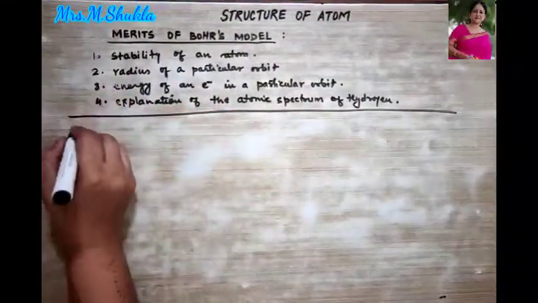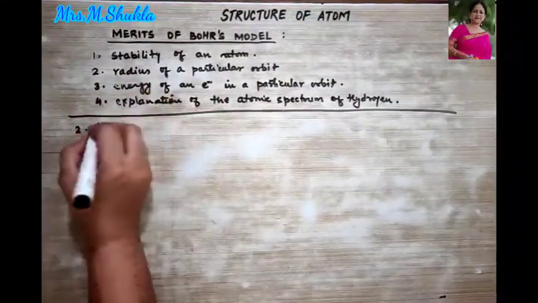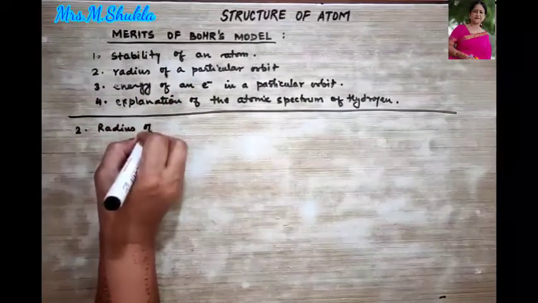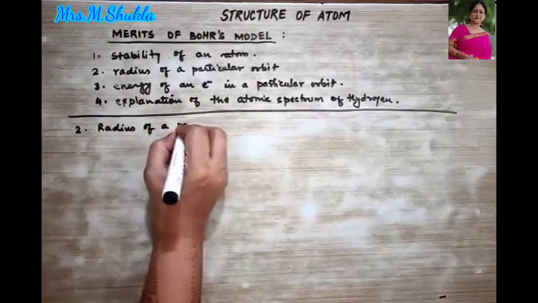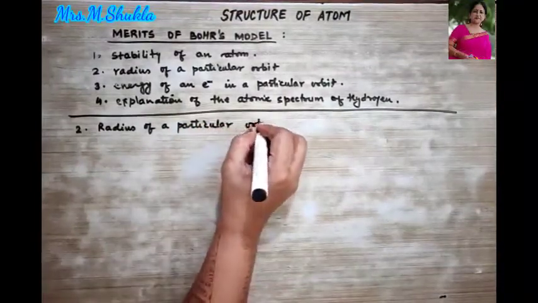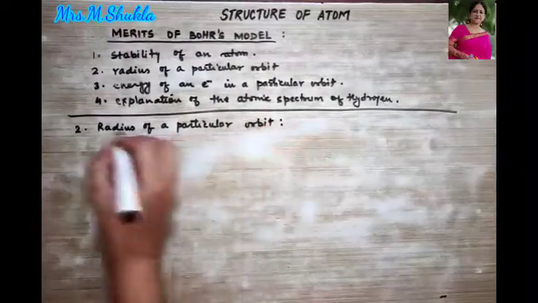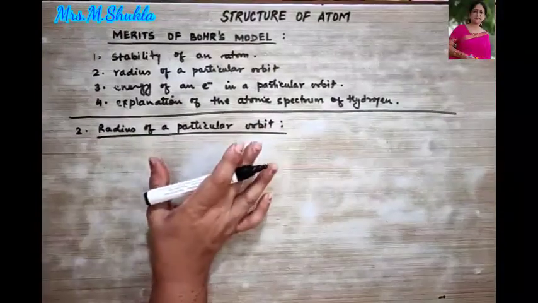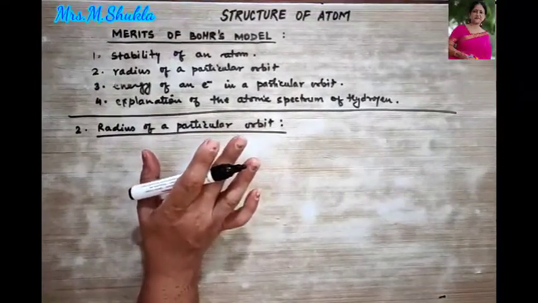Now next we come to the second point, that is how to calculate the radius of a particular orbit. To understand this, firstly you need to remember the formula. That is very important.